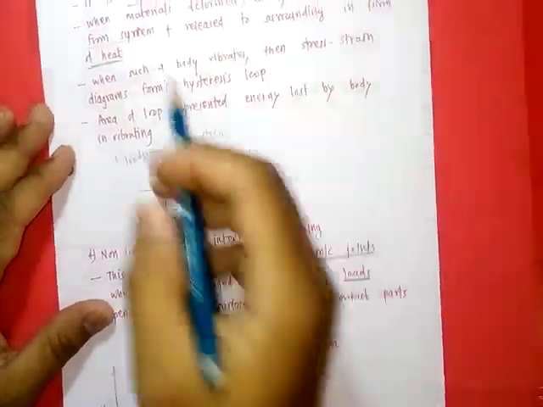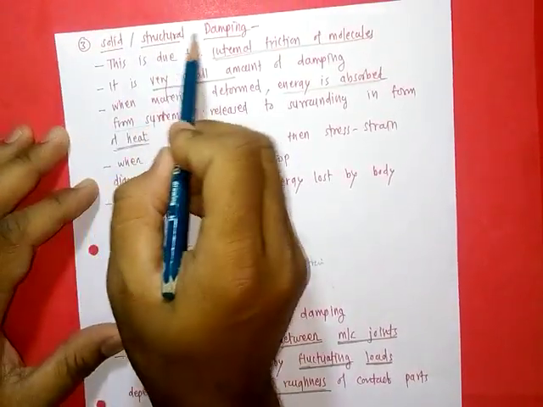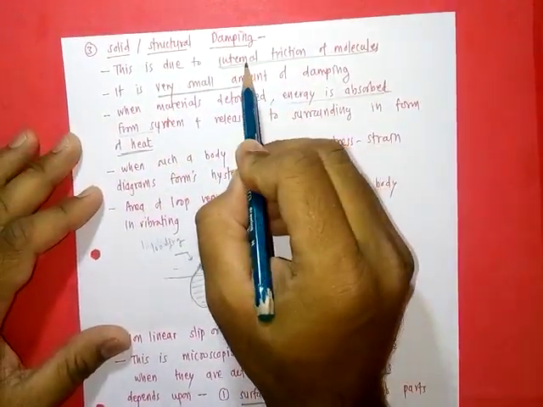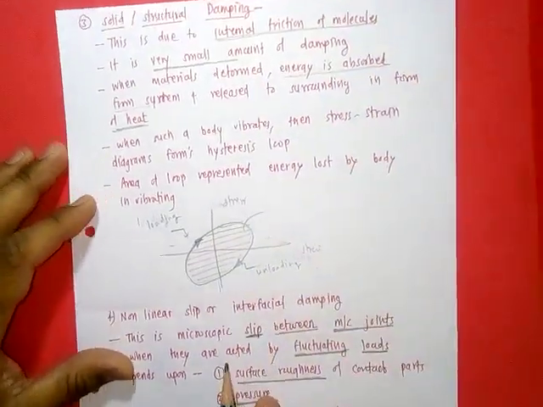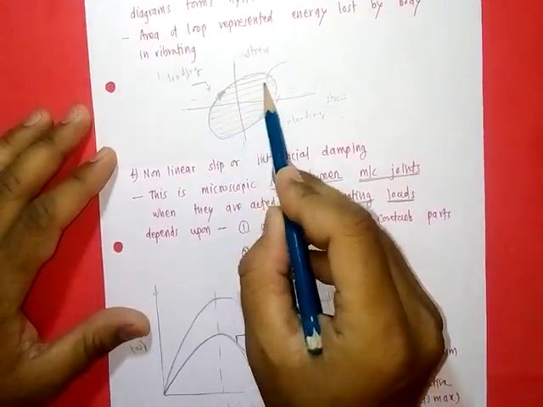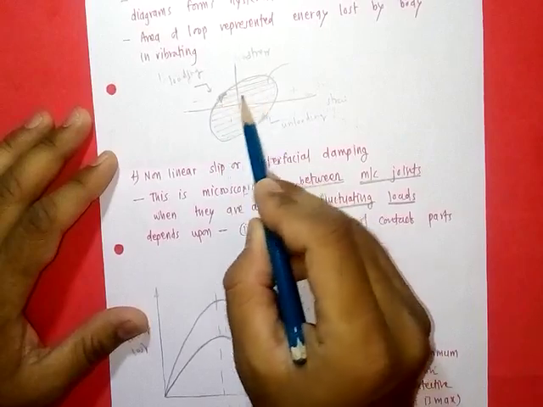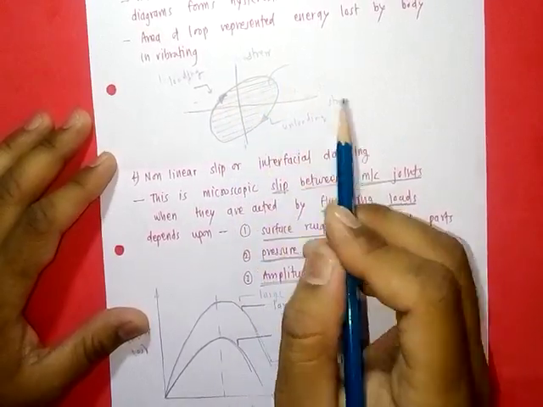Next is solid or structural damping. This is due to internal friction of molecules and is a very small amount. The area represents the energy lost due to this damping.